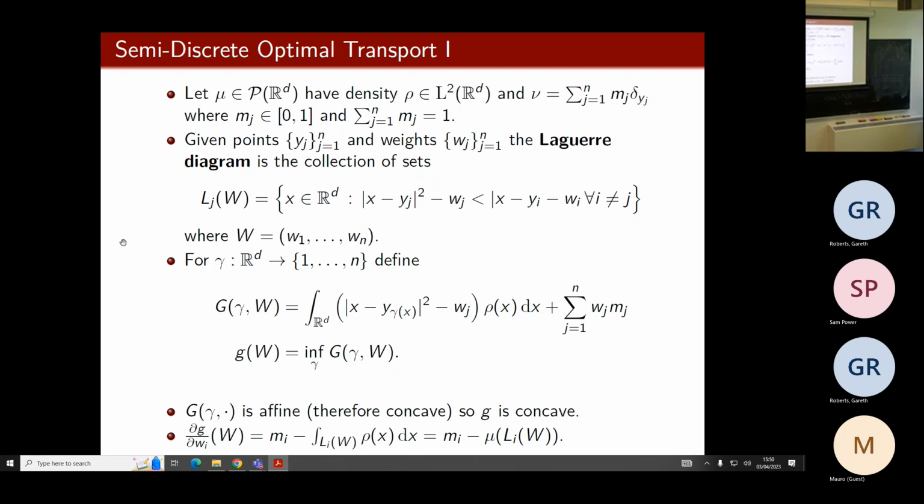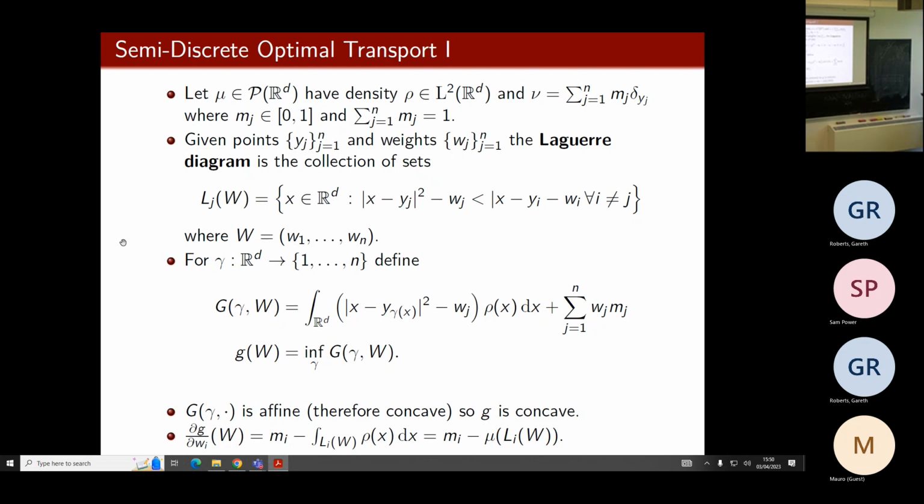But if I just differentiate g with respect to the weight wi, what I get is that this doesn't depend on wi at all. So I end up with just the integral of rho of x over the set where this is in play, which is exactly the ith Laguerre set.